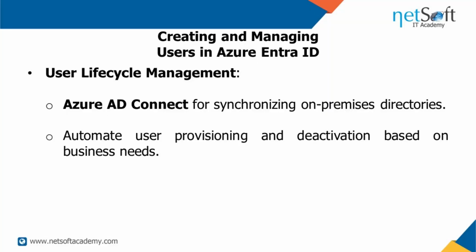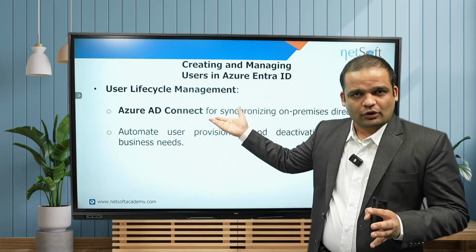The next topic is user lifecycle management. Well, for that, you can use Azure AD Connect. Now the name is Entra Connect V2, version 2. So instead of saying AD, you can call it Entra now. So why do you need to use this software or agent?